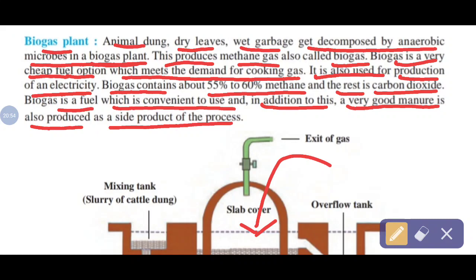The first product is biogas, the methane gas used as a domestic fuel, like cooking gas. The second byproduct is the manure, which is supplied to crop plants in farming, giving very good production from the crop land.